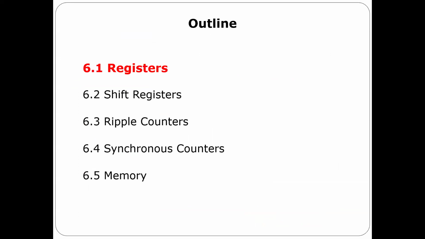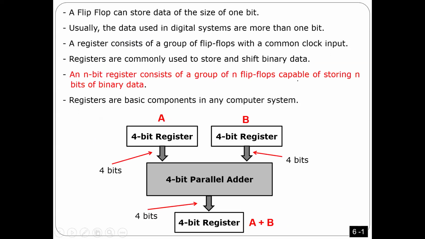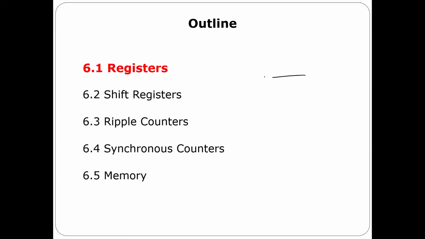Let's see how this register looks like as a block. We have here a register this way. This register should have a clock, and then this is the output. For example, this is 4 bits, so this is the stored number. If you have 1100, this register is storing 1100.